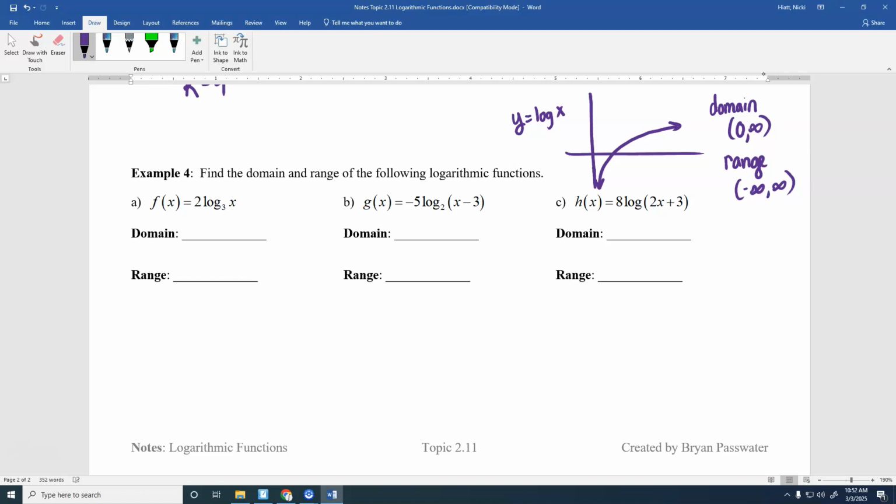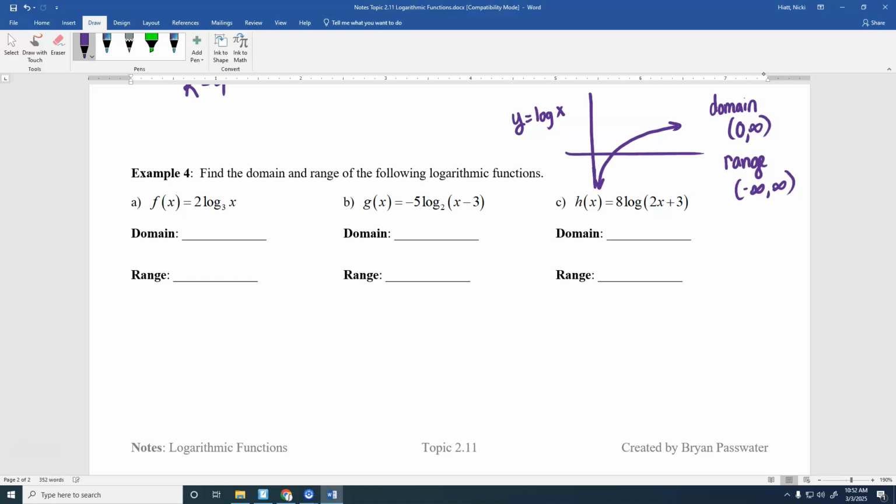Now, the good news about logs is that that range should not change, because if you flip it upside down, if you move it up, down, left, right, it's still going to go negative infinity to positive infinity. In order to make that range not negative infinity to positive infinity, you would have to do something like square the insides or something, which is not one of the transformations they're going to ask you about.